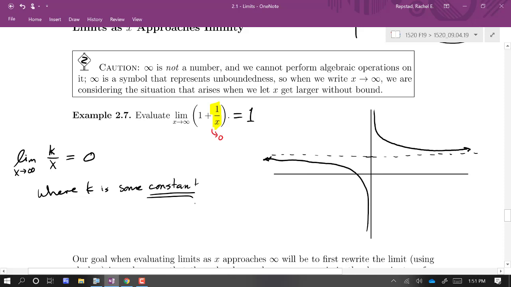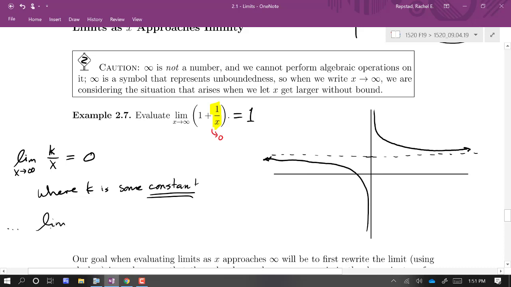So the reason I wanted to do this one first, it's a simpler example, but it illustrates this fact, right? Some constant over x, if I let x blow up, this fraction will approach 0. And so that gives us an intermediate goal for evaluating limits like this. I want to turn every instance of x that appears in these limits into a fraction that looks like this. And in fact, I'm going to generalize this even more.